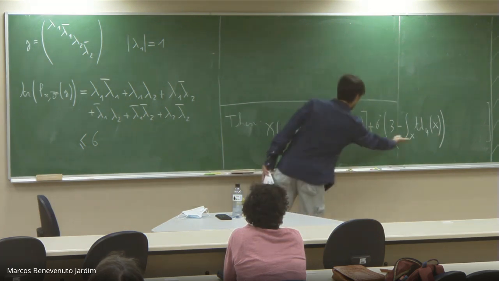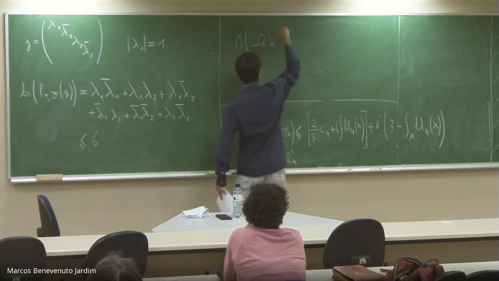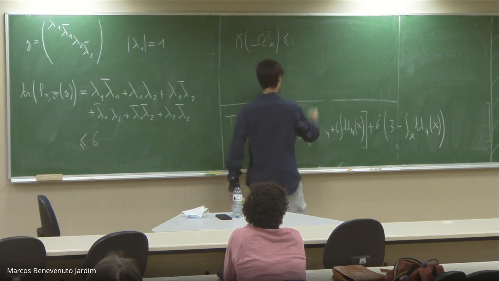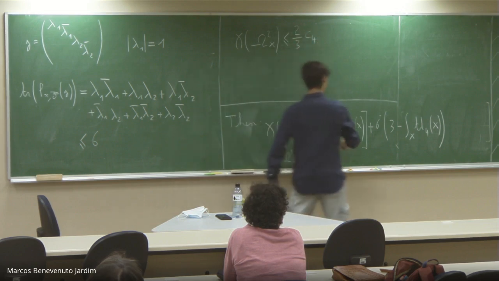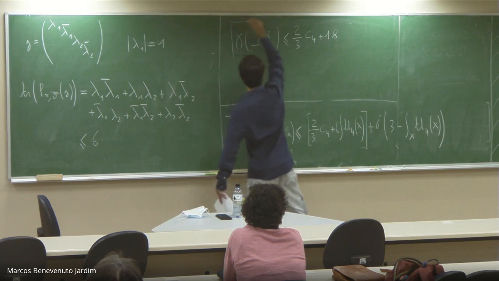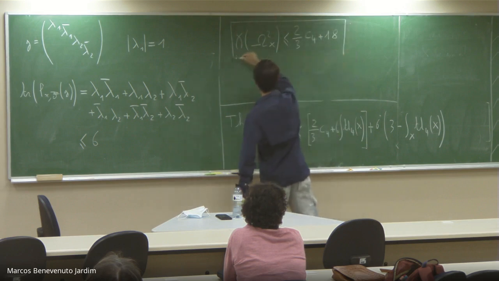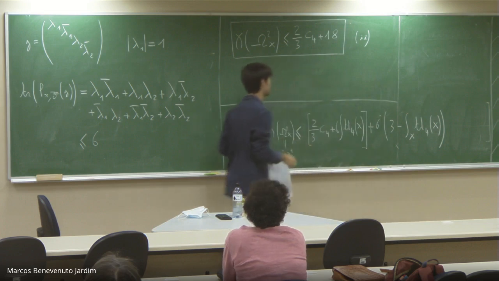So these two concepts, I obtain that the Euler characteristic x is smaller or equal to 2/3 of C4, and so I have only 18. Okay, so this will be my equation 2.